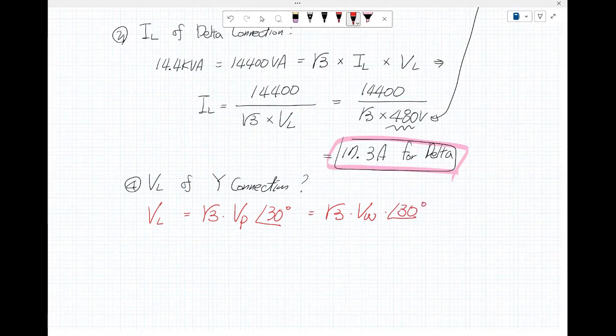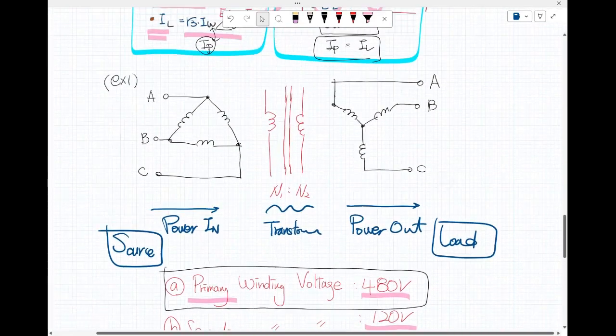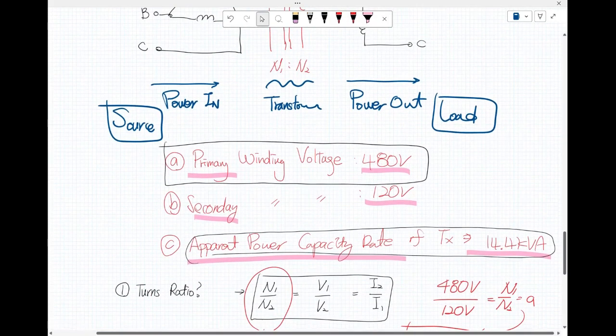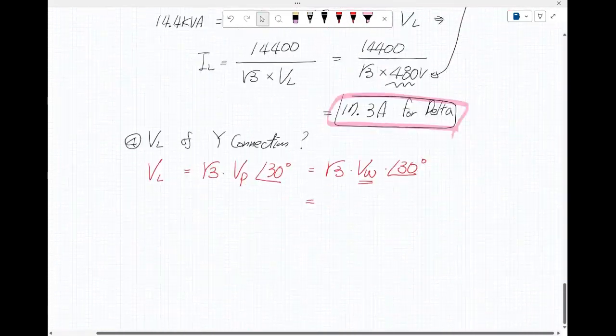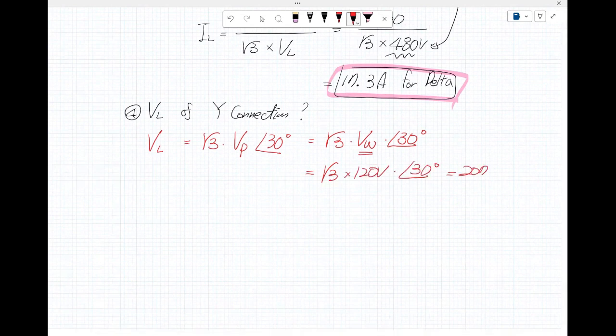Secondary side, from the given, the winding voltage is 120 volt.